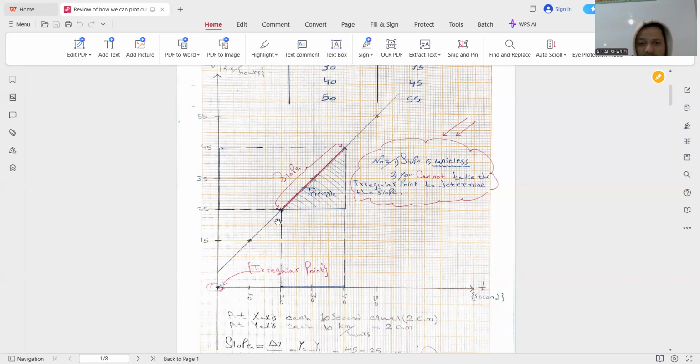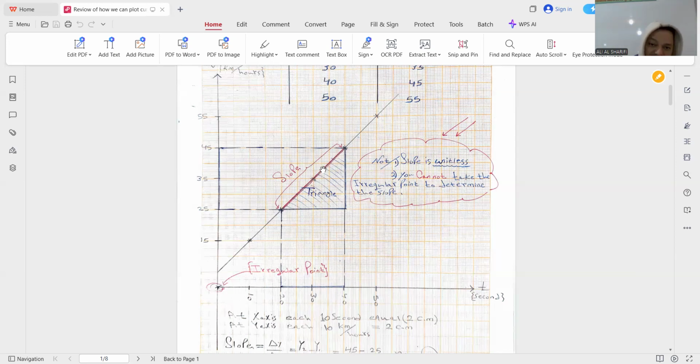To know the slope, it's a triangle. Slope is one part of the triangle. The angle of this triangle is 90 degrees. Slope is equal to delta y divided by delta x. That means I must select 2 points from y, and according to these 2 points, another 2 points of x, to be able to calculate the slope.